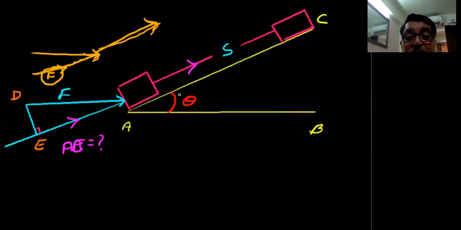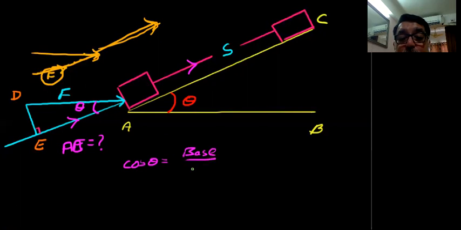Again, if this angle is theta, this angle will also be equal to theta. So use our same formula, cos theta equals base upon hypotenuse. So cos theta equals base, which is AE, upon hypotenuse, which is AD.